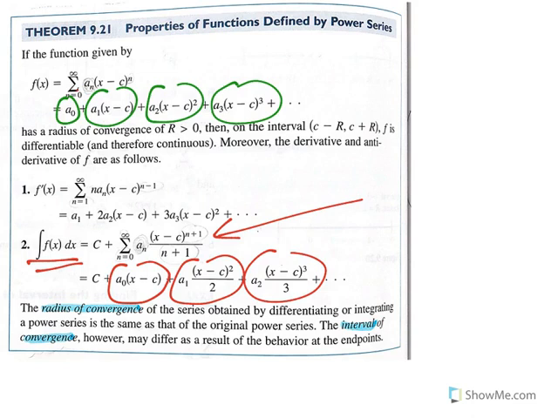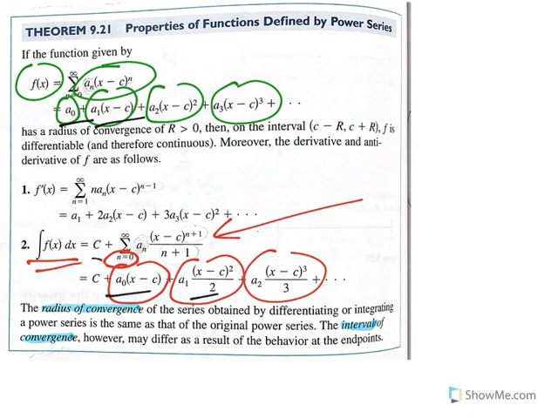So the index here starts at 0, and again, if you're ever in doubt about what the index should start at, just write the first couple of terms of the power series for f and integrate those two terms term by term. And whatever index you should have here can be determined by making sure that you get the antiderivatives of the first two terms of the power series for f.